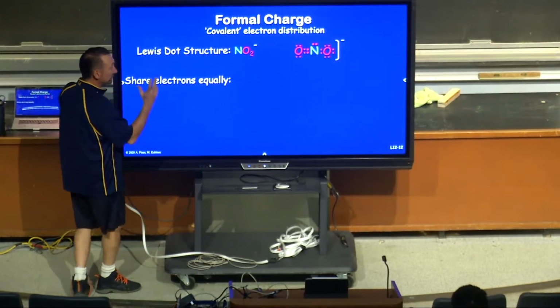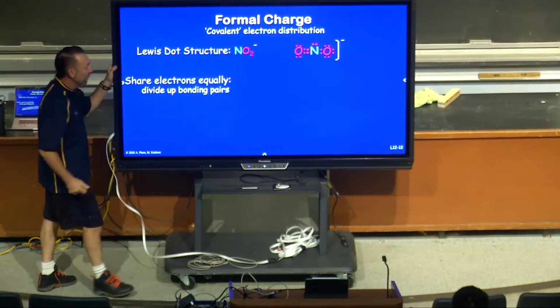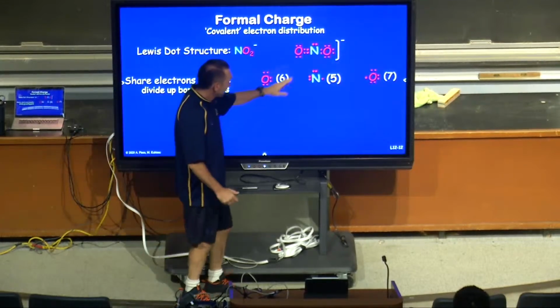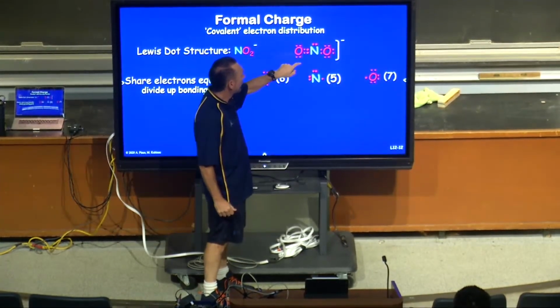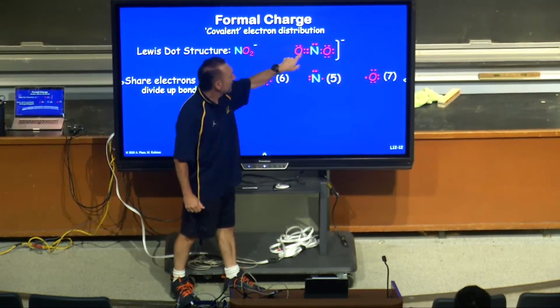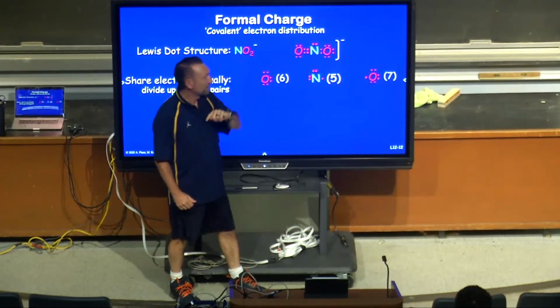And again, this is just literally counting. It's just an accounting technique. So divide up the bonding pairs and say, well, this oxygen has 1, 2, 3, 4, and then of these 4, the nitrogen and oxygen are going to equally share them. So I'll give 2 to the oxygen and 2 to the nitrogen.